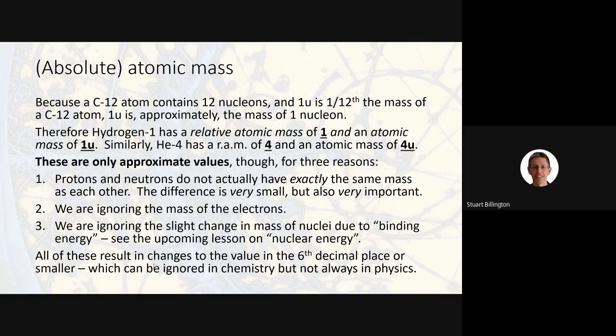So to flick between relative atomic mass and atomic mass, all you need to do is write a u on the end of your number. So the relative atomic mass of helium-4 is 4, and the atomic mass of helium-4 is 4 u.